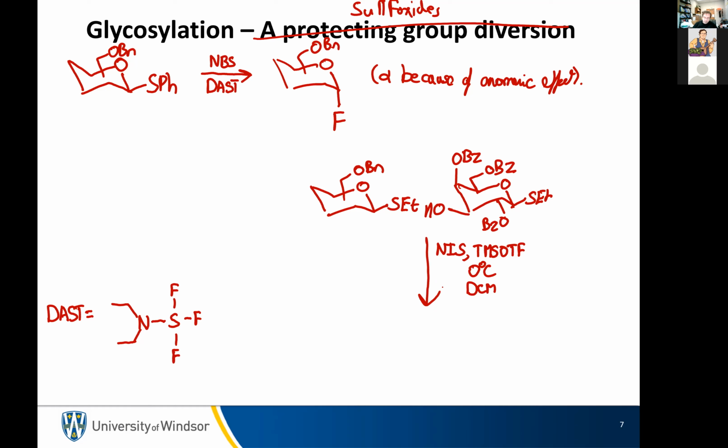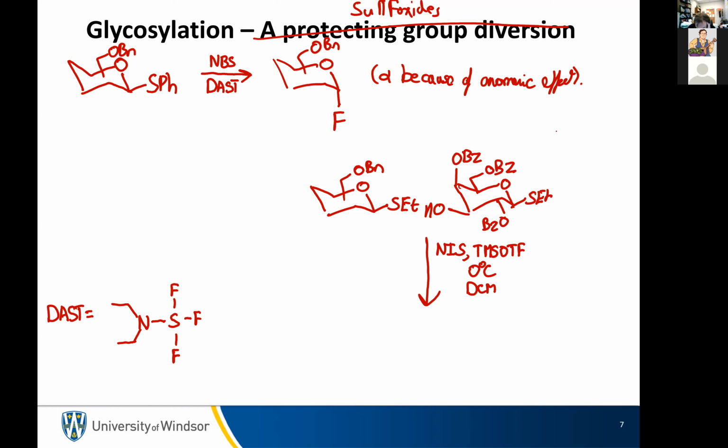Okay. So we've got two different thioethers, one on each of those molecules. One's got benzyl protecting groups. One has benzoyl protecting groups.